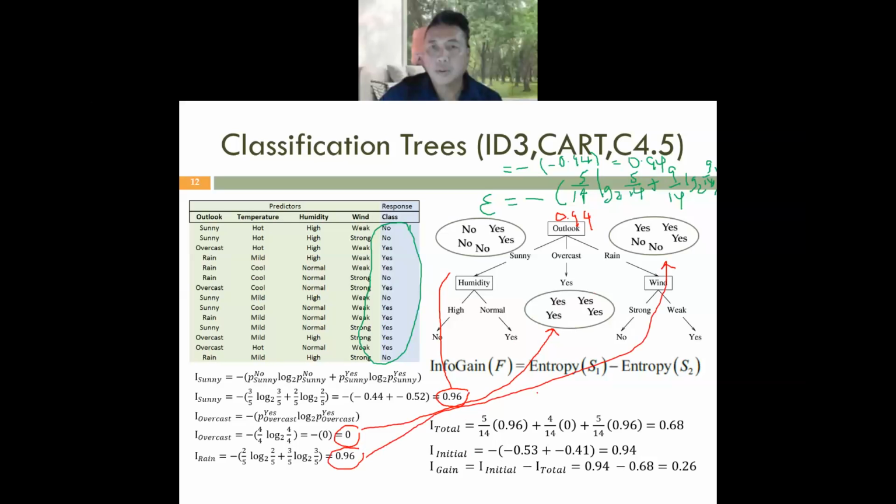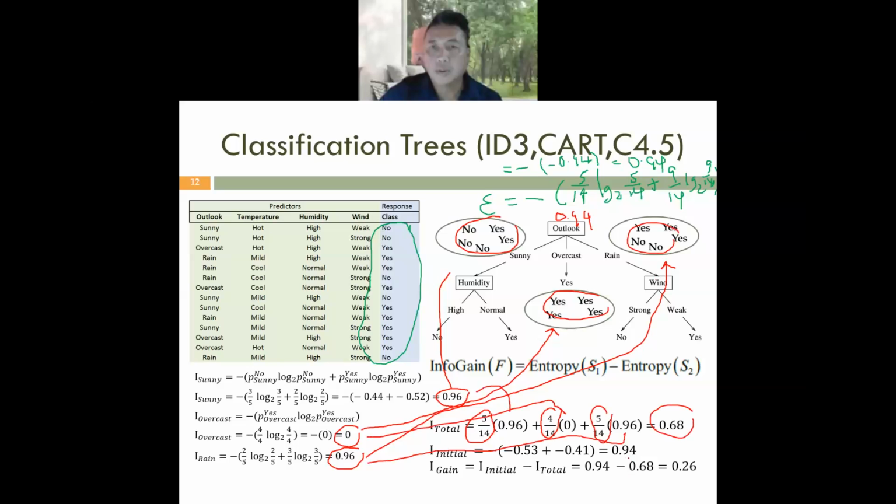To combine all these values, we have to use the weightage here. We put 5/14 here because we have 5 members, then 4 members here, and 5 again. We plug in these values and we get this, the total entropy, or the total measurement for the purity.